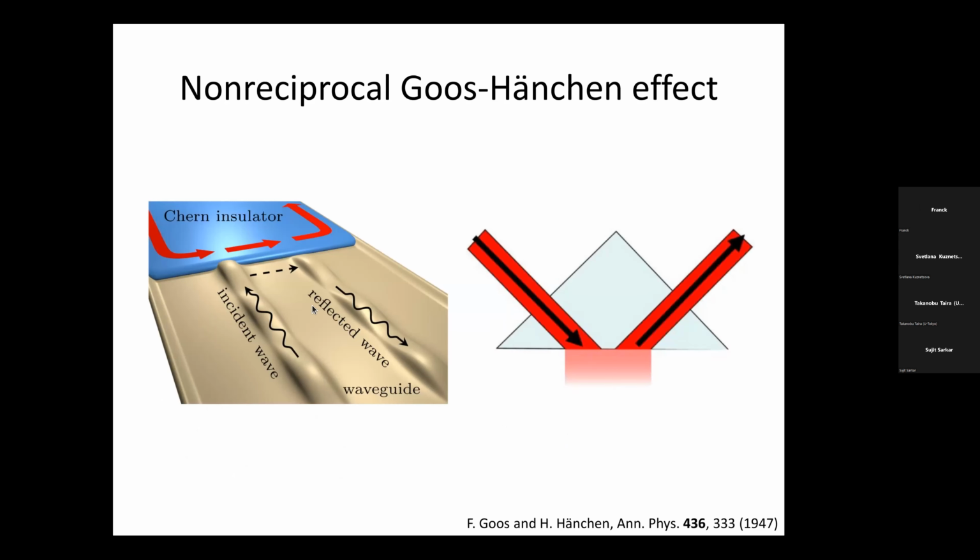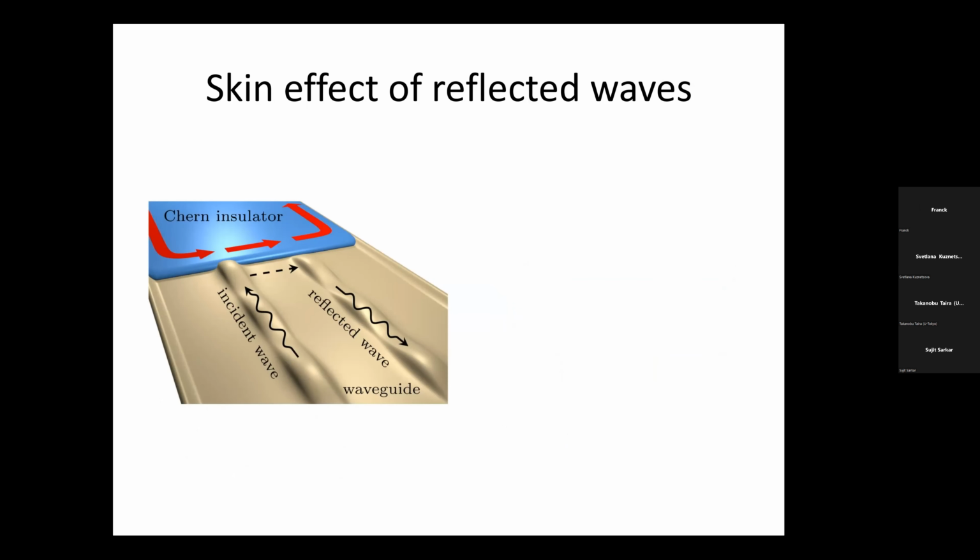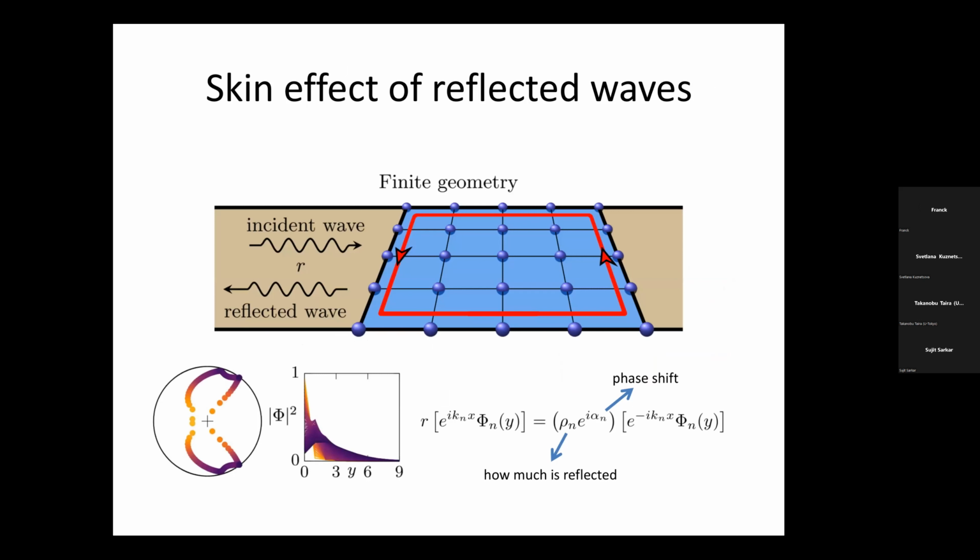But in principle, you could repeat the same exercise for the transmission matrix, right? In principle, yes, and I think some people have done this. Some people have looked at transfer matrices, for instance, and they have associated that to some kind of non-Hermitian topology, as far as I know. What we did is we looked at the reflection matrix because the transmission matrix is not necessarily guaranteed to be a square matrix.